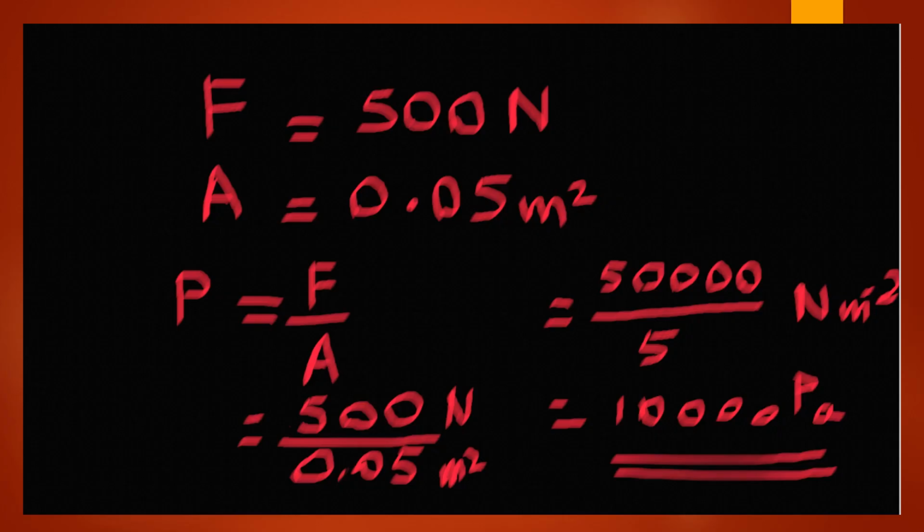Then pressure equals force over contact area. 500 newtons divided by 0.05 square meters. To remove decimals, you can multiply numerator and denominator both by 100. Then you will get 50,000 divided by 5. Then it is 10,000 newtons per square meter or pascals.